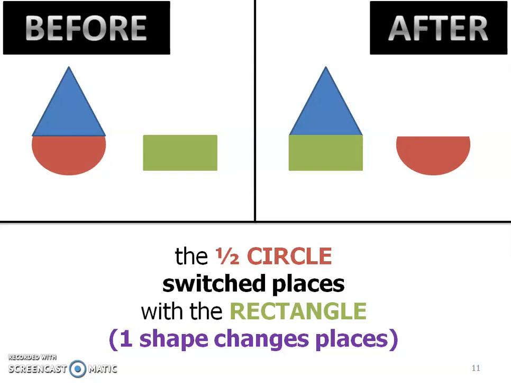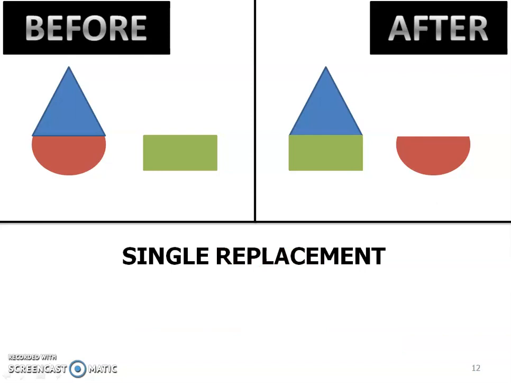And what you're going to notice later on is that with this compound and this element, the elements are going to switch places, but it's only going to be one single element at a time. And so that's why we call this a single replacement reaction. Again, pause and make sure you write that type of reaction down.